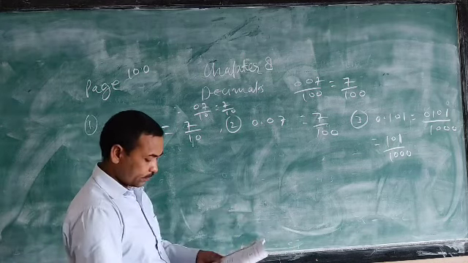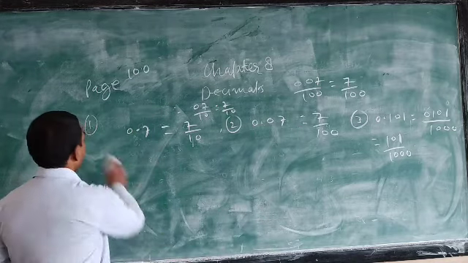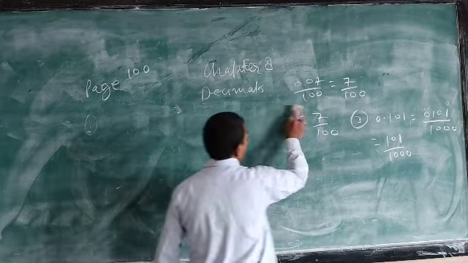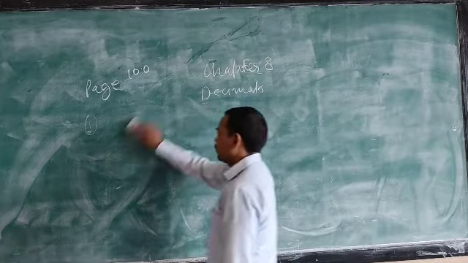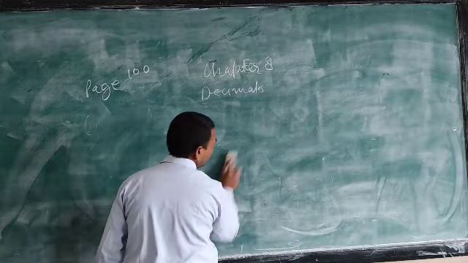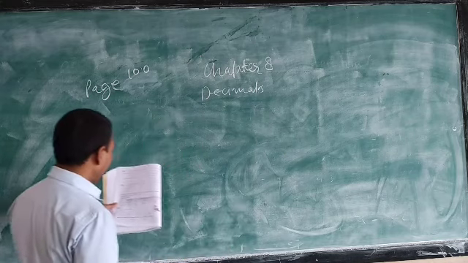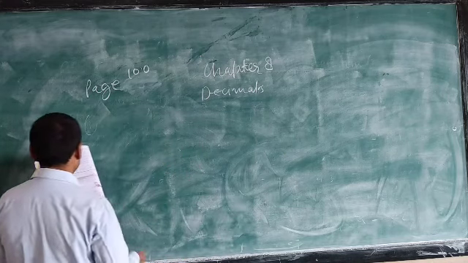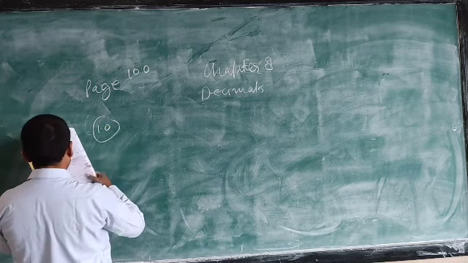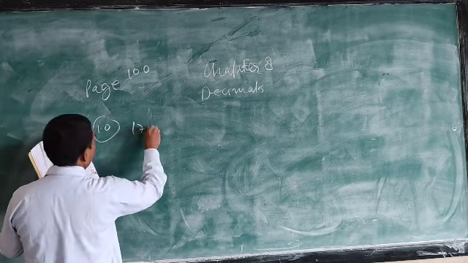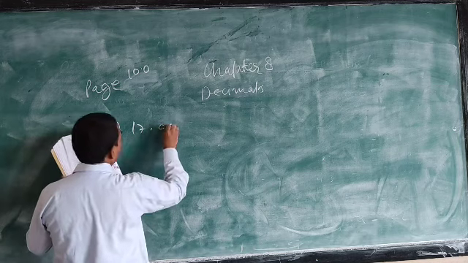And this one, you can directly see from the tenth one. See, the tenth one here is given with a whole number part. The whole number part is not 0.